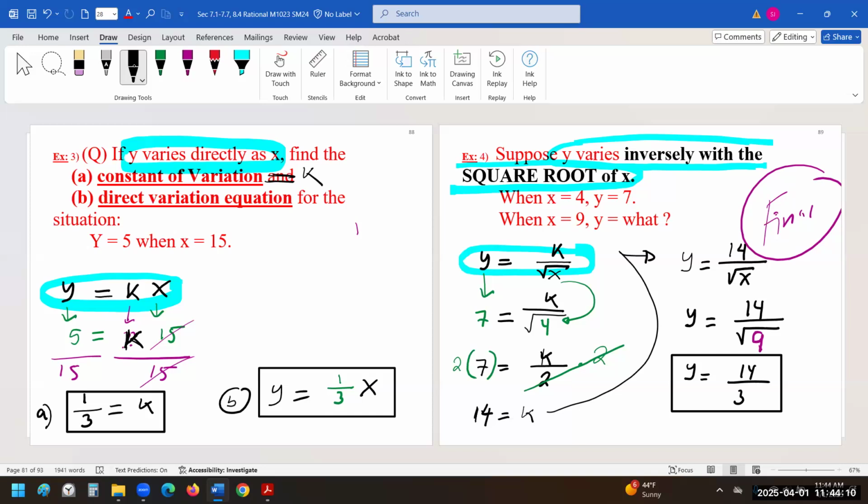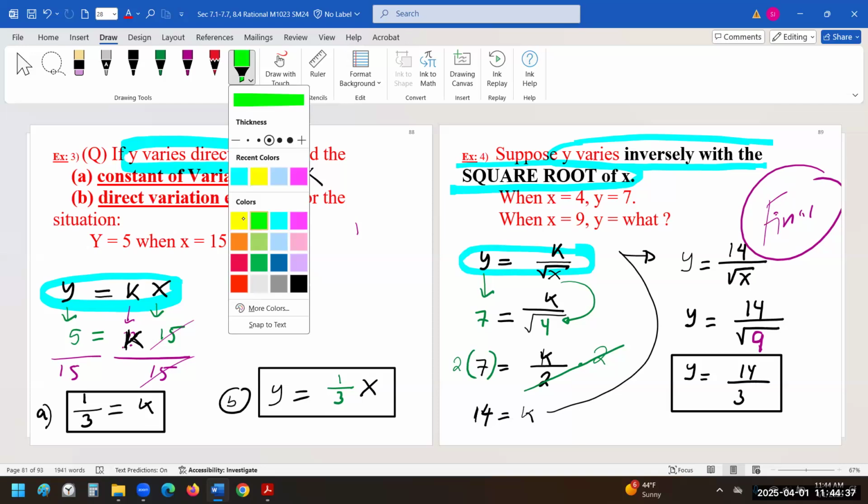So based on what information we have, we stop at a different level. For the left one, we stop after writing the equation because they didn't ask us to do anything else. They didn't give us any more information. But here we have to go further because they gave us one more piece of information that we need to use. So we used it here.